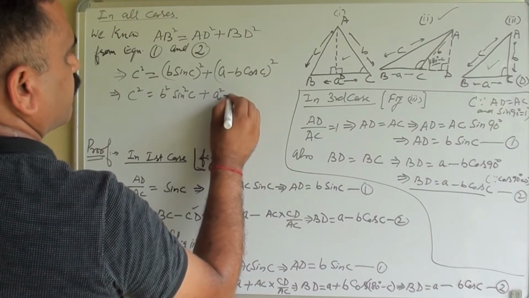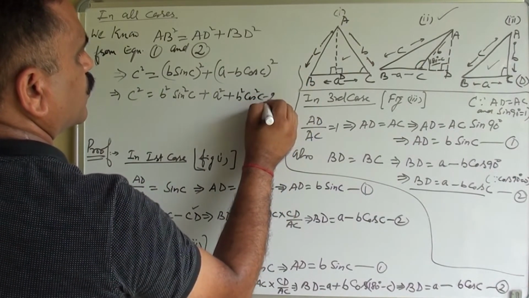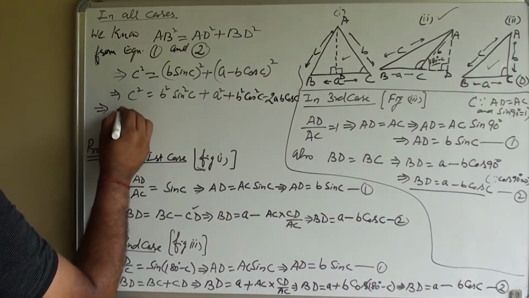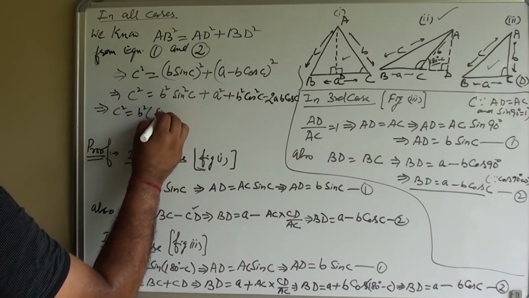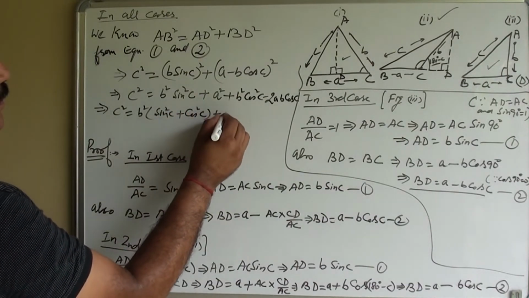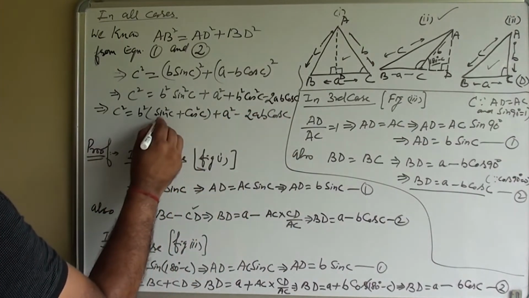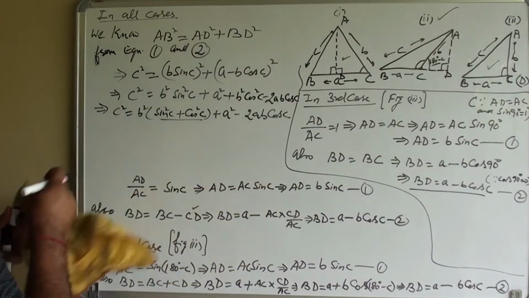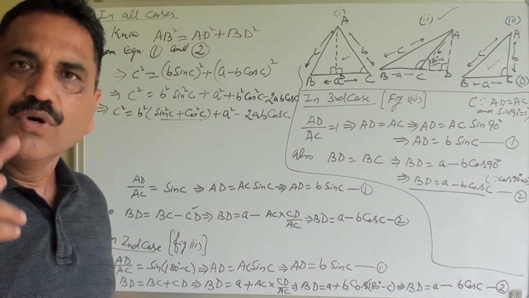A square plus B square cos square C minus 2AB cos of C. So this implies C square is equal to B square common ले लिया हमने, sin square C plus cos square C plus A square minus 2AB cos of C. Now, sin square theta plus cos square theta is equal to 1.